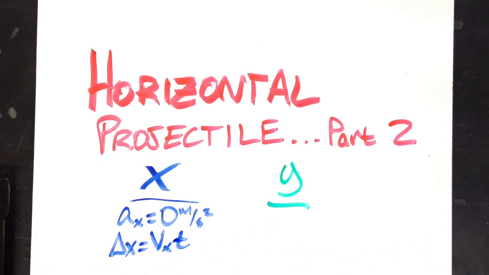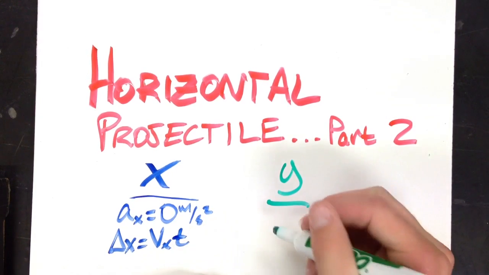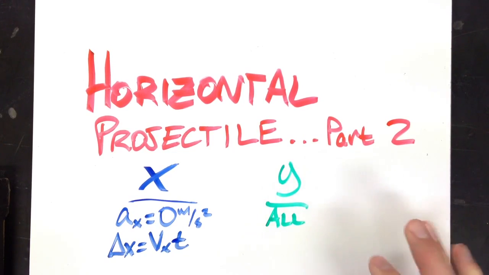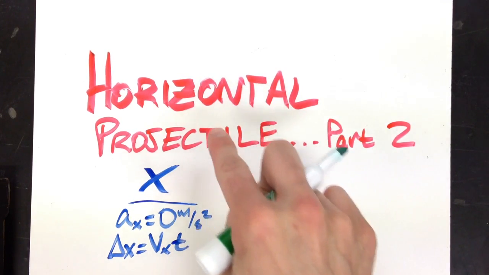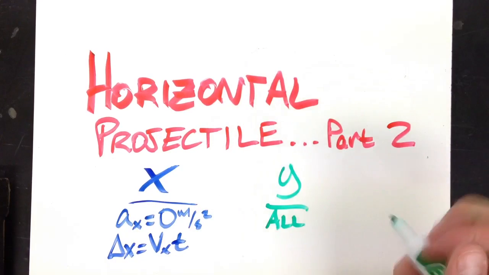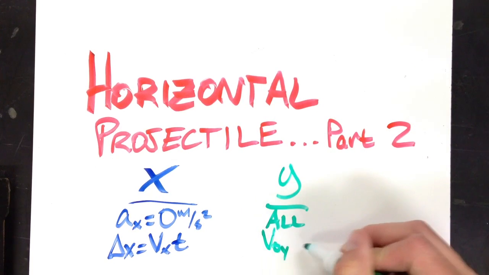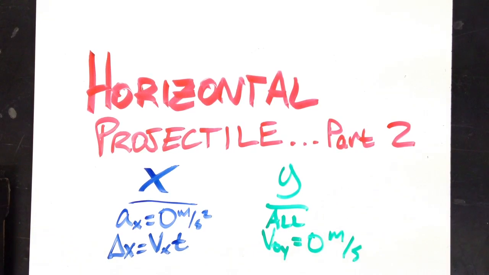Now, for the y dimension, we can really use all of the kinematics that we have at our disposal, but a key assumption for a horizontal projectile is our initial y velocity, v naught y, is going to be 0. Okay, so let's look at an example type problem, and let's see what types of things change as we change our variables.